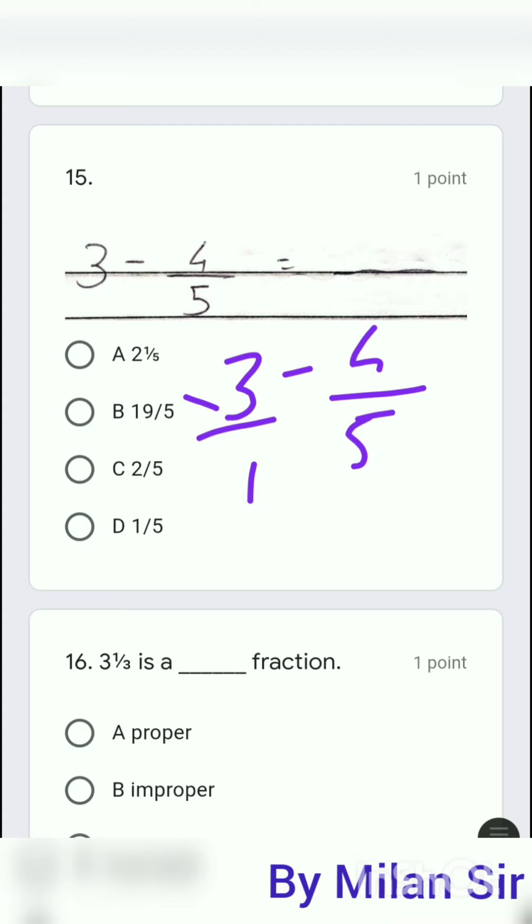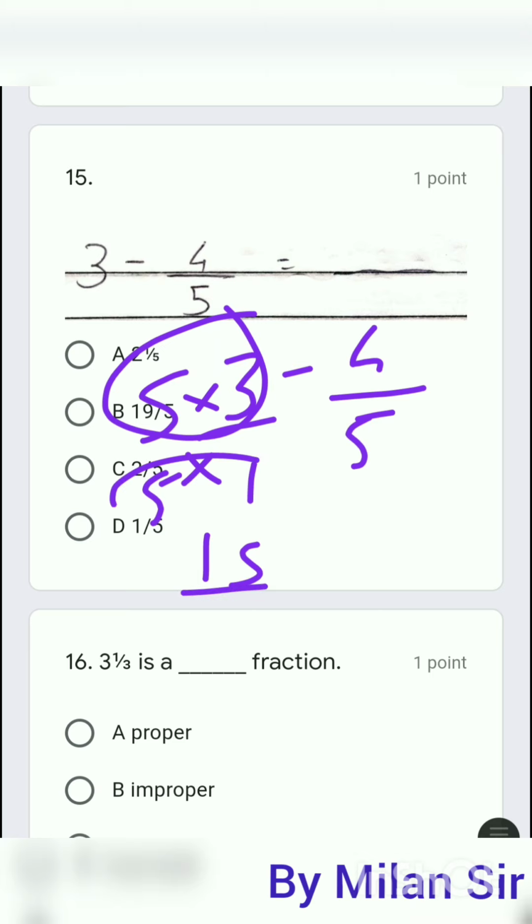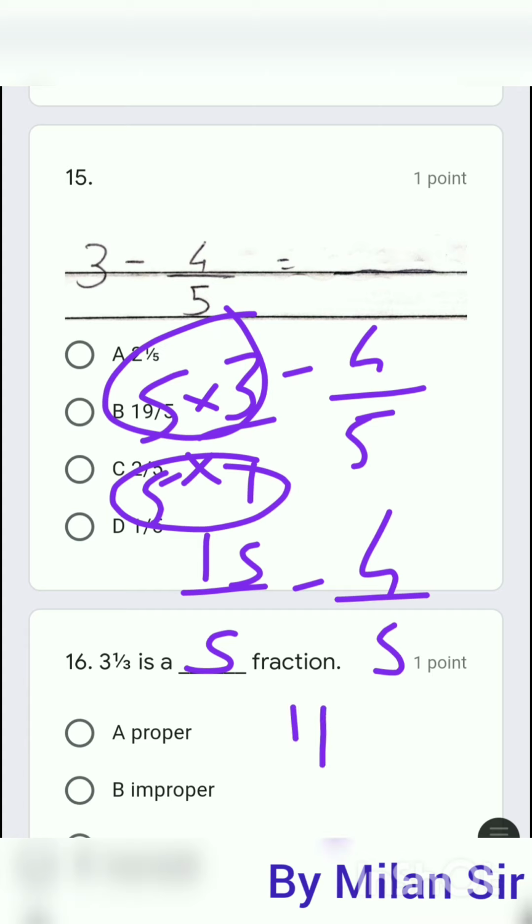Now we need to multiply this number by 5 and divide by 5, so the denominator becomes 5. Here 5 threes are 15, divided by 5, minus 4 by 5. So now we have the same denominator, so we can subtract the numerators.